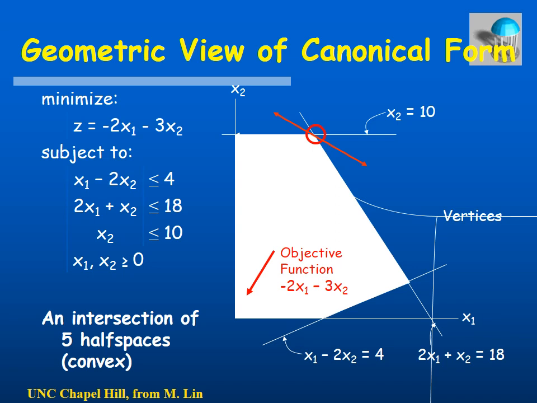So we may have a function z equals minus 2x1 minus 3x2, subject to the three constraints that are written: x1 minus 2x2 less than or equal to 4, 2x1 plus x2 less than or equal to 18, x2 less than or equal to 10, and x1, x2 greater than or equal to 0.